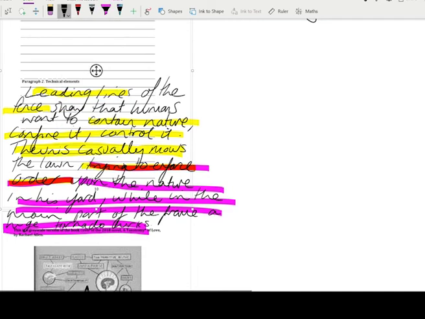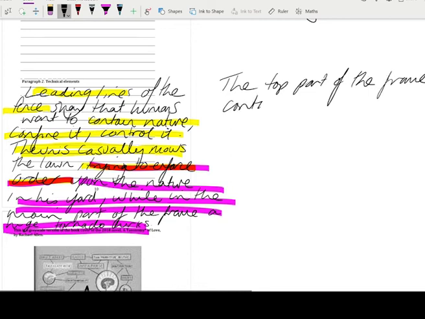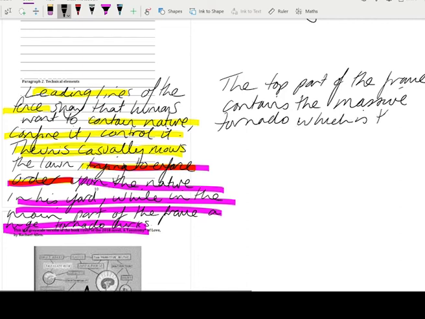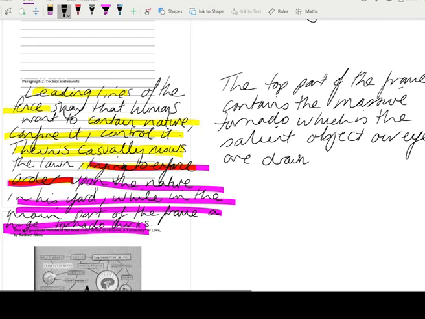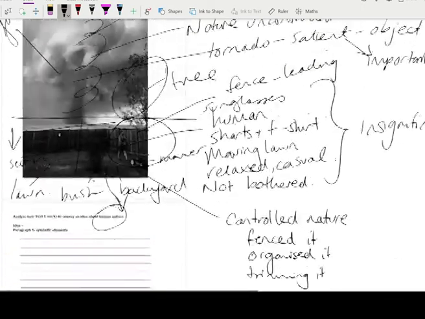Then I would go on and talk about the top part of the frame. All right, and you would go on and do those thoughts.